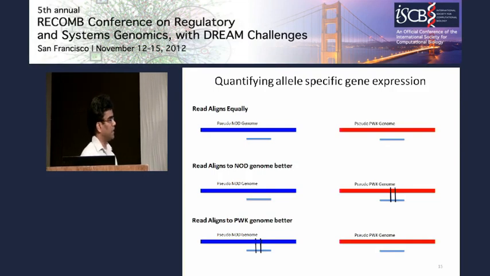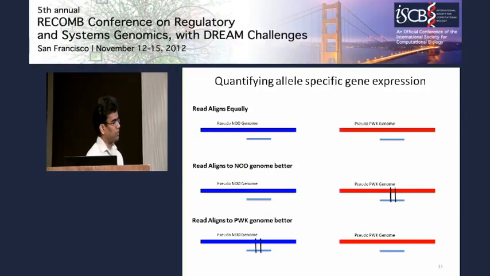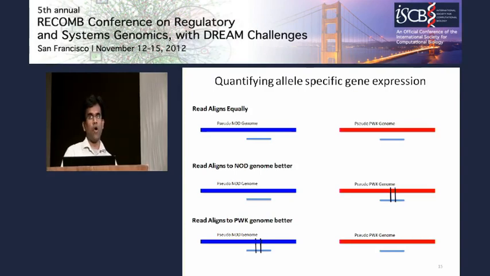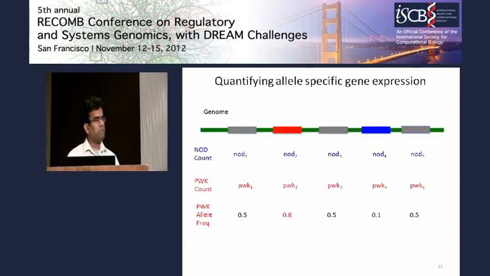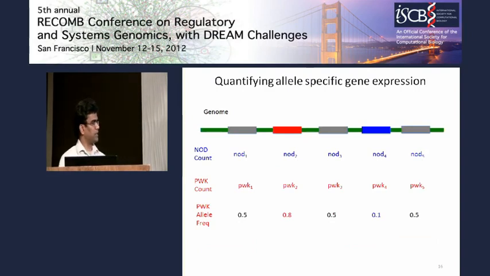In this case, we will call that this read is probably from the NOD genome rather than the PWK genome. Similarly, you can also see the other case where the read aligns well to the PWK genome but not to the NOD genome. Using this approach, we can get NOD-specific or PWK-specific alignments and use those as counts for our allele-specific expression quantification.